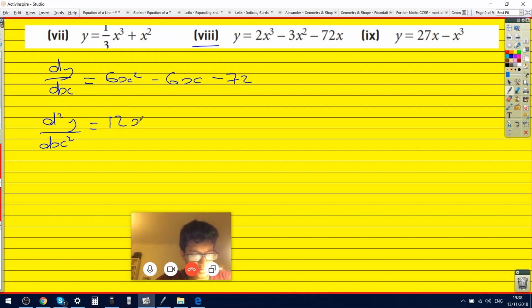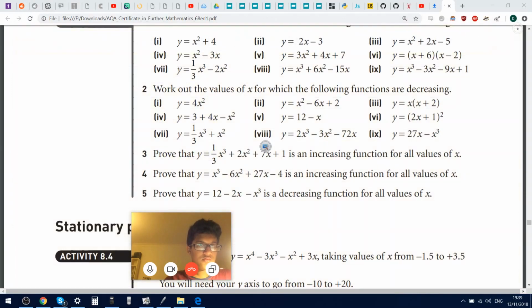So 12x minus 6 is less than 0, and then you just solve for x. So 12x would be less than 6, so x would be less than 2. So that's it. X is less than 2. And if you were to make this equal to 0 and solve it, I'm sure x would be 2, and you would have to maybe sketch the graph, but this way is much easier.